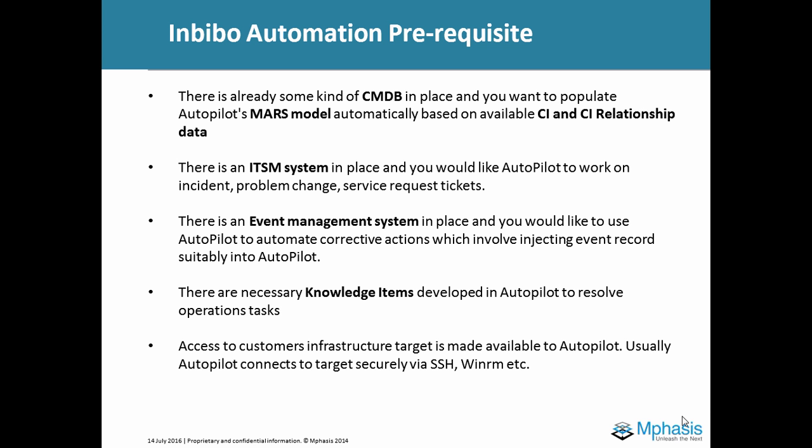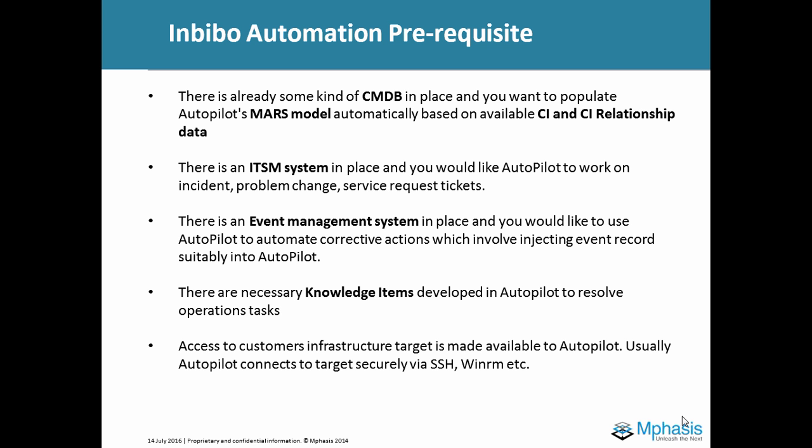CMDB also comprises the service model. When I say service model, it means the business service model, which comprises the breakdown components starting from the server to the software to the resources and to the application. That forms the CMDB, and CMDB is consumed by automation in terms of the Mars model.